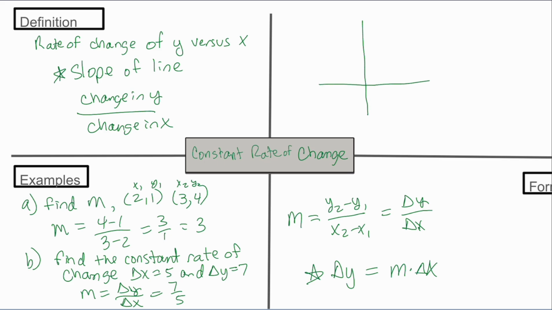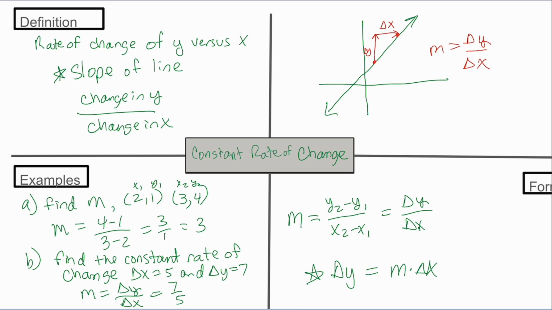So now let's make a little graphical interpretation. So I just kind of made a line. I'm going to pick 2 points. I'm going to show my delta y, my delta x, and my slope is delta y over delta x.